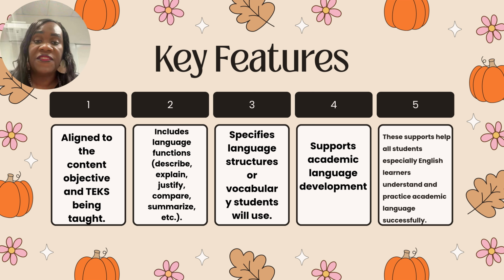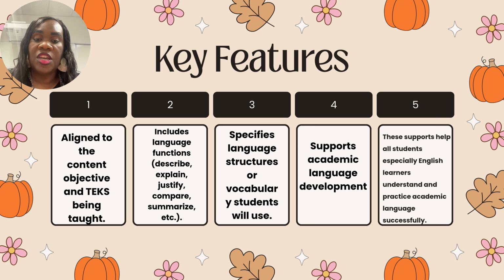There are five key features to help you when you are developing and writing your language objectives. The first one being that you need to pay attention to if the language objective is aligned to the content objective and tasks that are being taught. Secondly, be sure to include language functions. For example, words like describe, explain, justify, compare, and summarize.